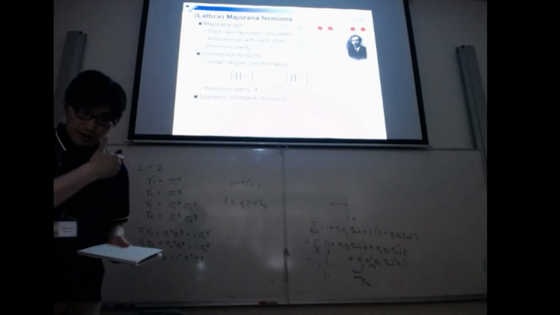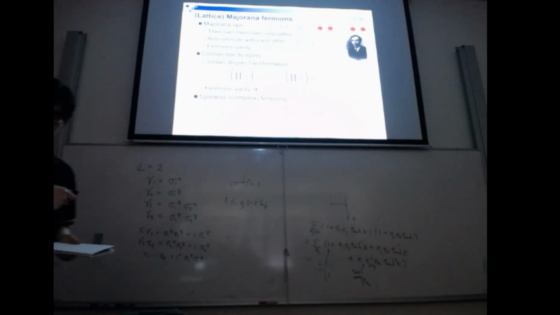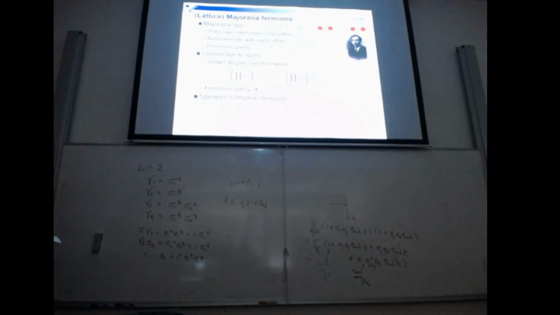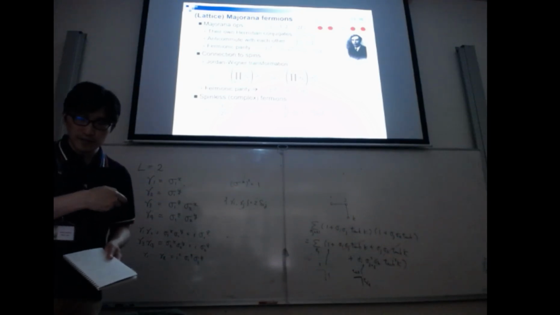And okay, now let me introduce spinless fermions in terms of Majorana fermions. You can construct ordinary complex fermions out of these Majorana fermions. And these are the definitions of annihilation and creation operators of spinless fermions.